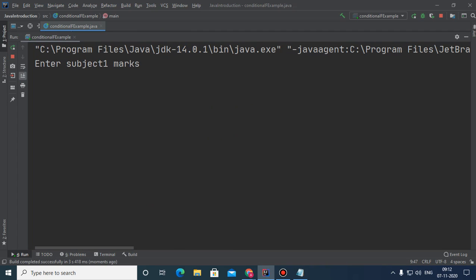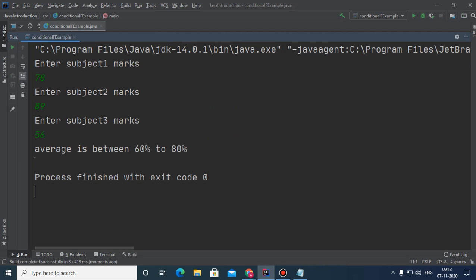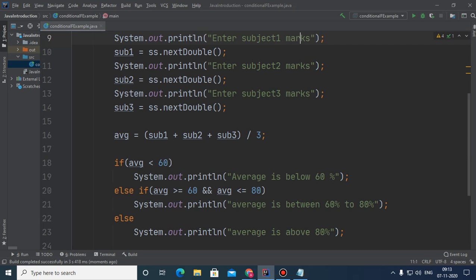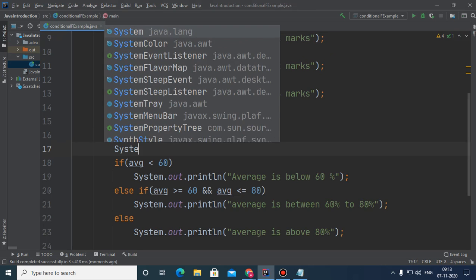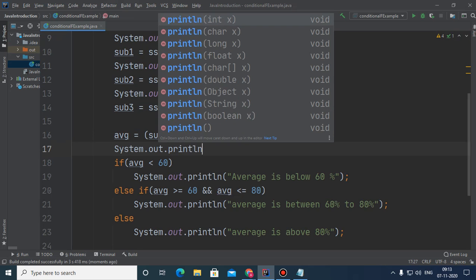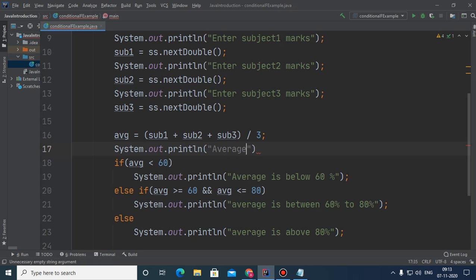So you just input the marks of 3 subjects. Suppose the marks are 78, 89 and 56. Now you can see that the average is between 60 to 80%. And one more thing you can do, that you can print the average also. So that will be good for you. Average is, that is average.